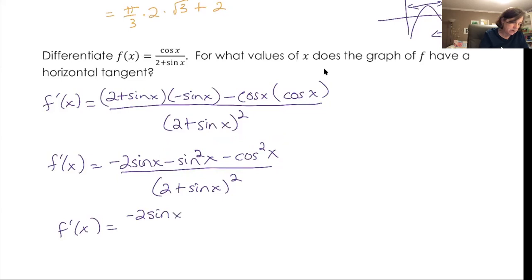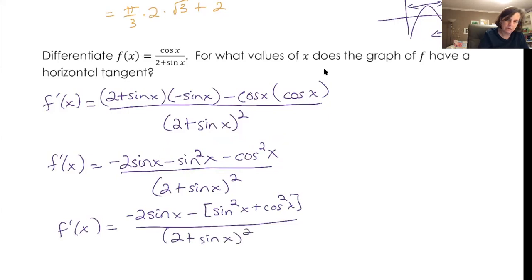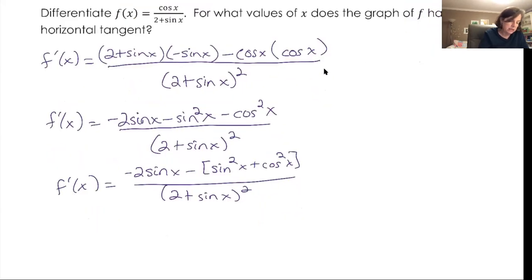So if I factor out the -1, I have minus sine squared plus cosine squared of x all over 2 plus sine of x squared. That sine squared plus cosine squared gets replaced with 1. So I have -2 sine x minus 1 all over 2 plus sine of x quantity squared.